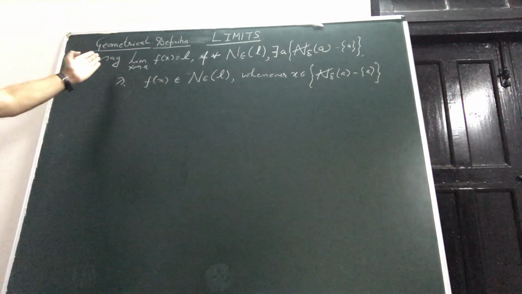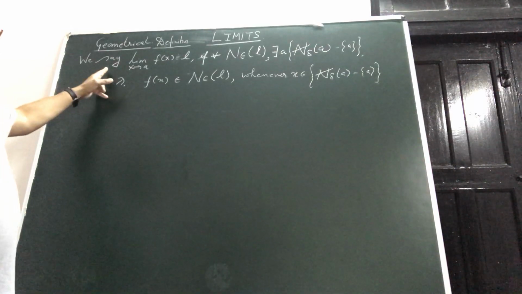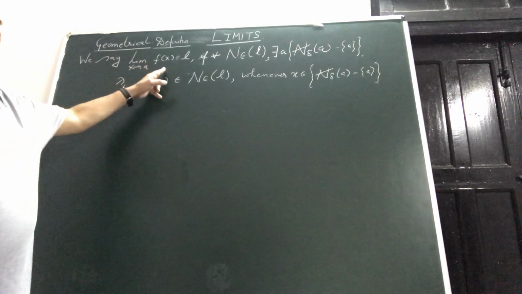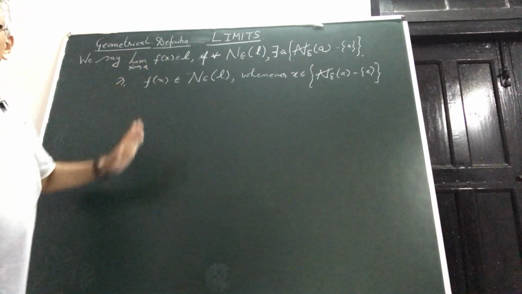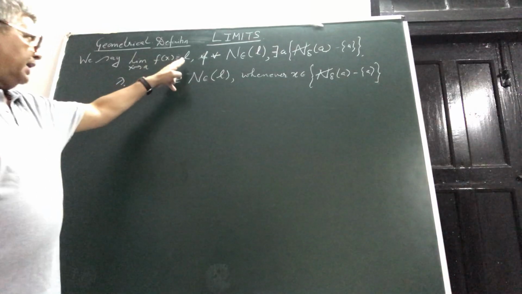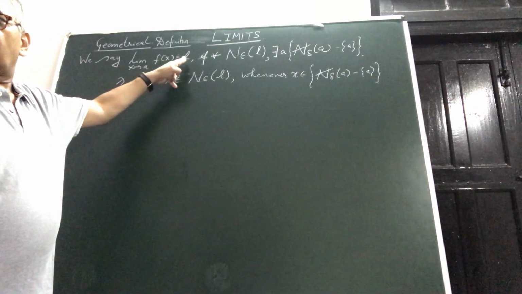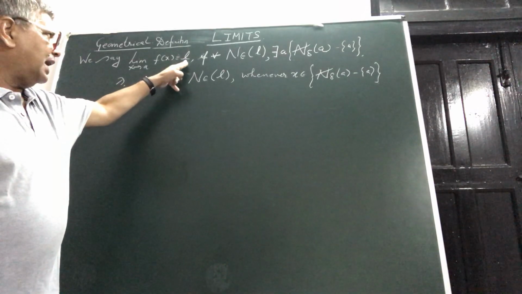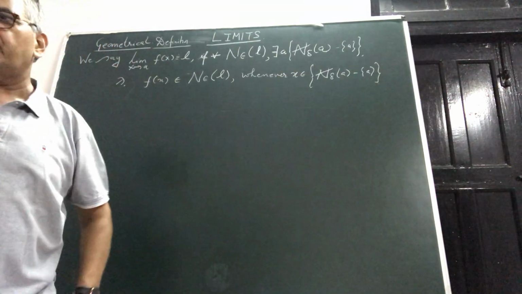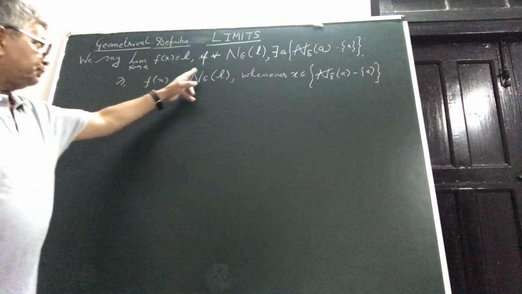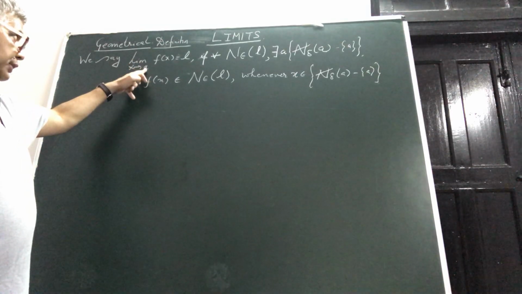So the geometrical definition of limit which we gave in my previous lecture was that we say limit x tending to a of f(x) is equal to L, where f(x) is our function, if there exists an epsilon neighborhood of L such that corresponding to this epsilon neighborhood of L, that is N epsilon L, there exists a deleted delta neighborhood of this A, where this limit is, where the variable is approaching towards.